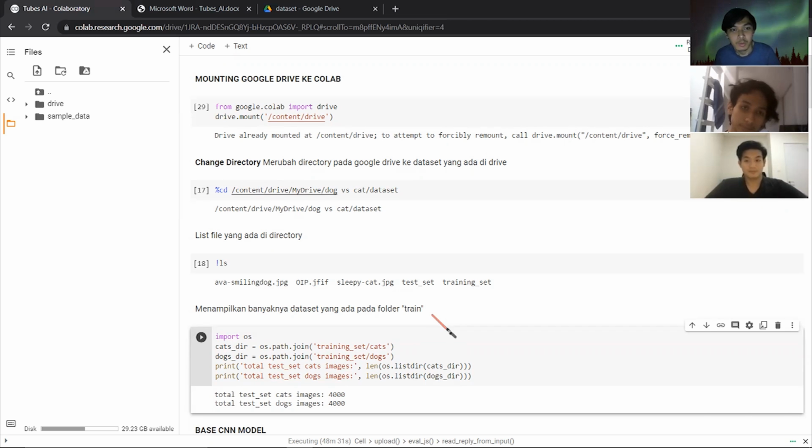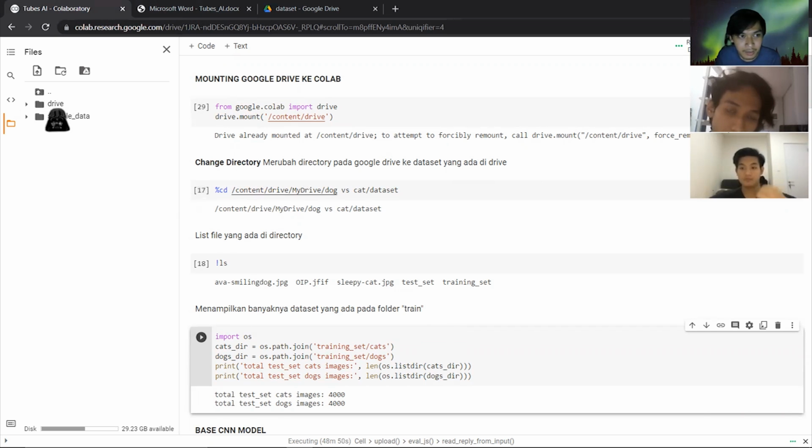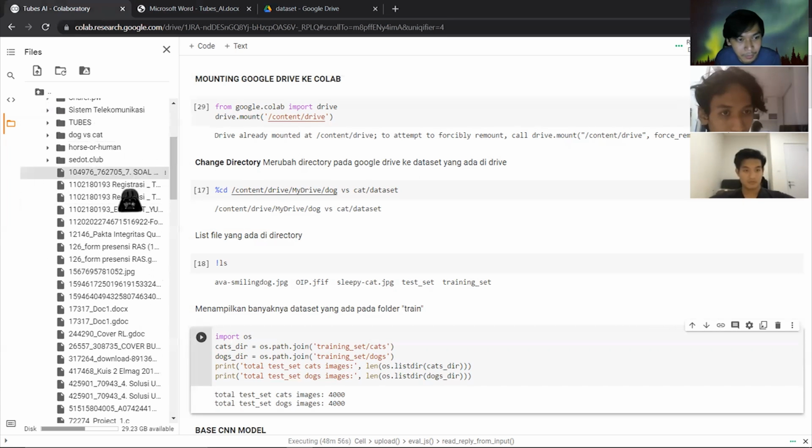First, if we want to try this project, we first need to mount Google Drive to Google Colab, and then we need to change the directory by finding the directory from our Google Drive.